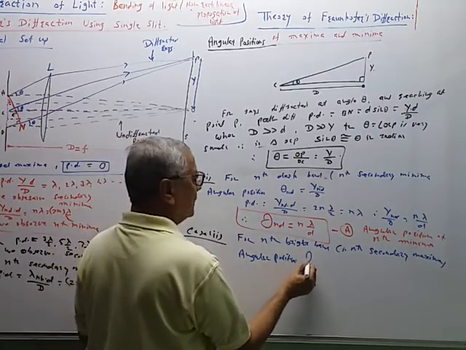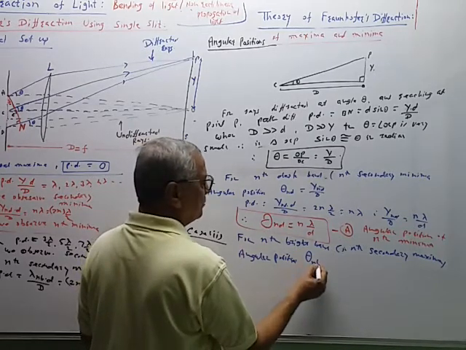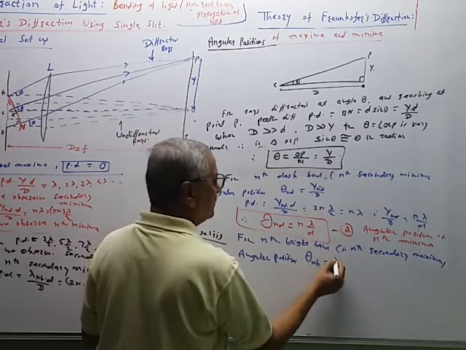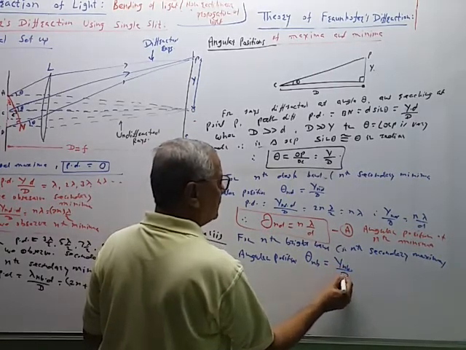Angular position theta for angle, n for nth band and b for bright is equal to, here also it will change, distance of the nth bright band from the central bright band upon capital D.